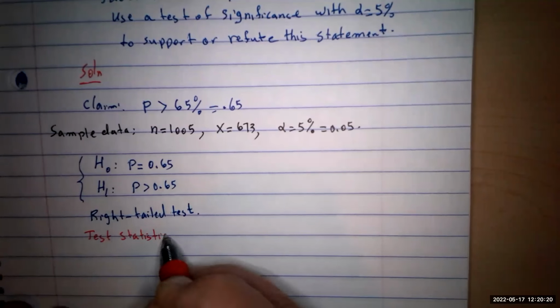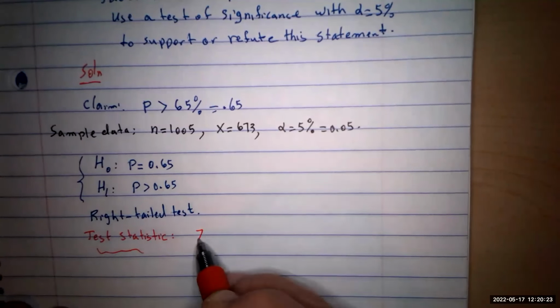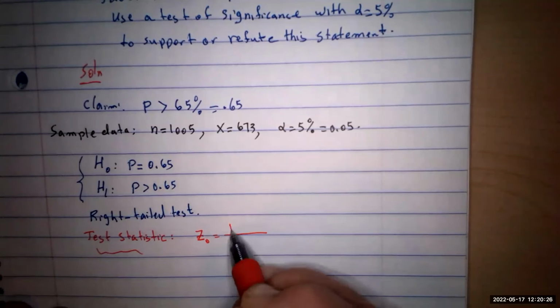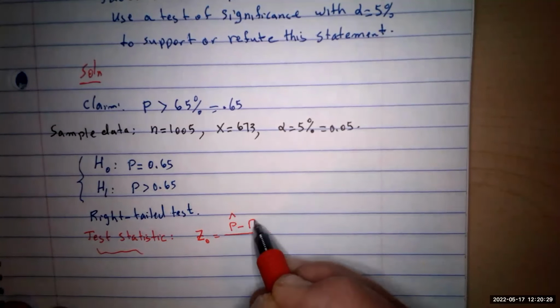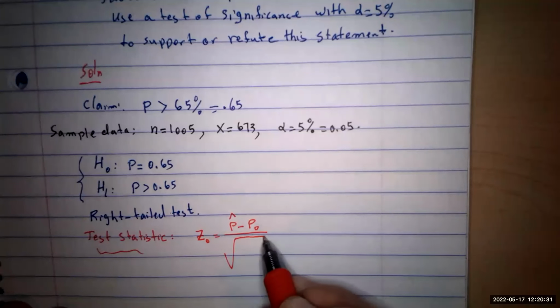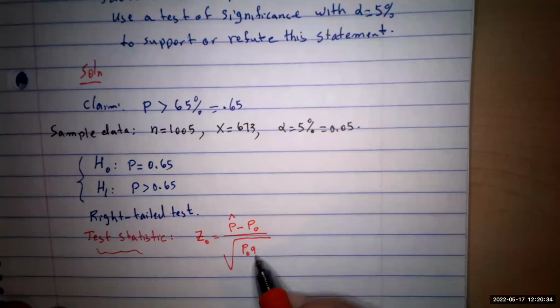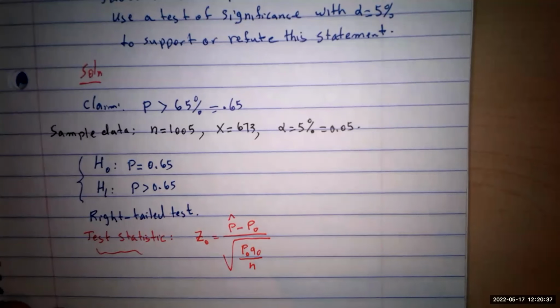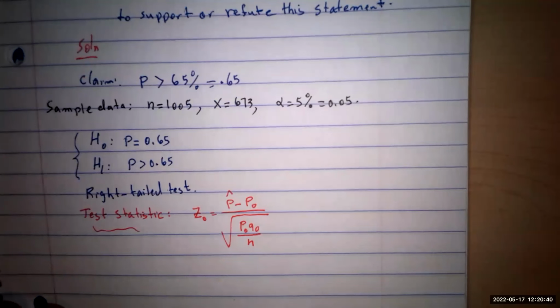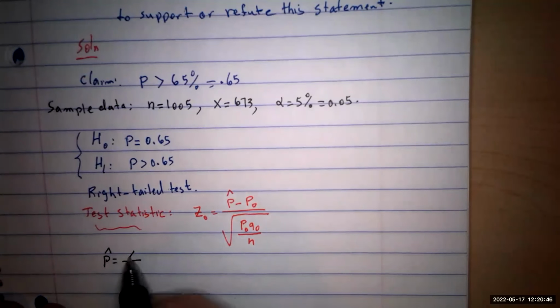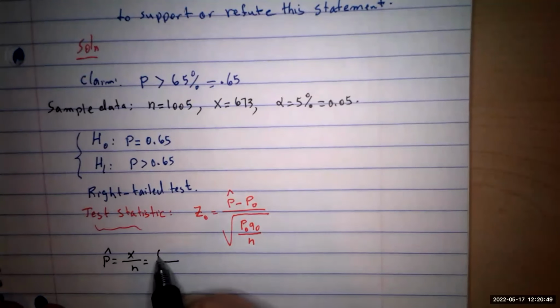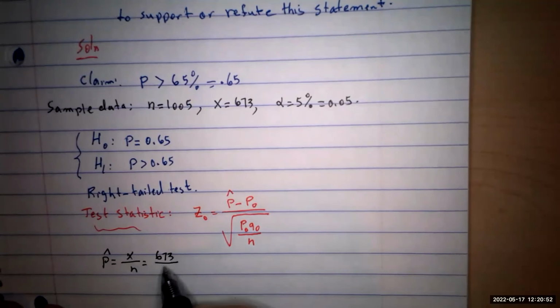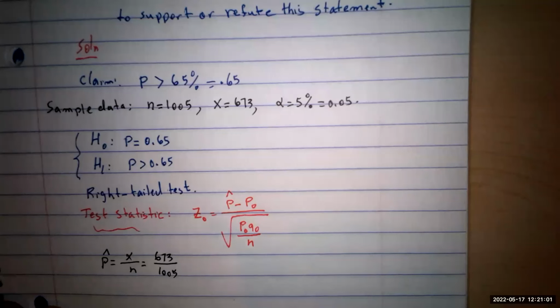Z naught for the proportion equals P hat minus P0, divided by the square root of P0 Q0 over N. You have to find P hat, which is X over N. Your X is 673 people, and N is 1,005.